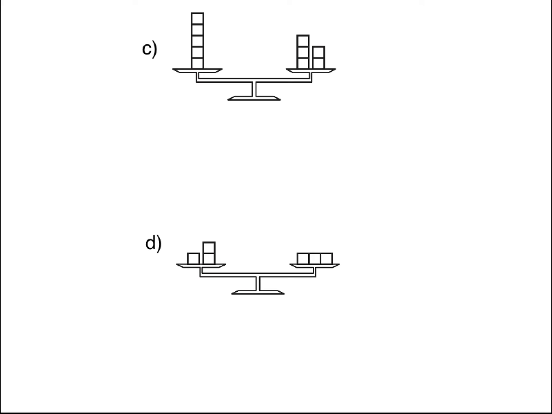How about over here? Here we start with, count them, 5. And that's the same as how many in the first column? 3. And how many in the second column? 2. 1, 2, 3, 4, 5 is the same as 1, 2, 3, 4, 5.